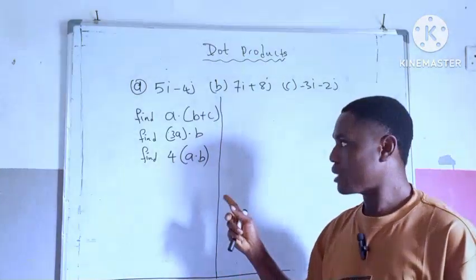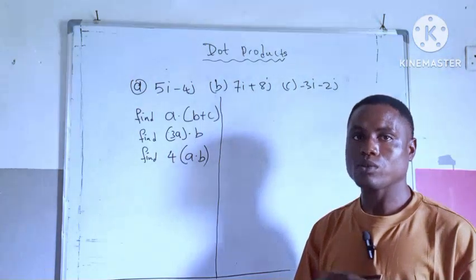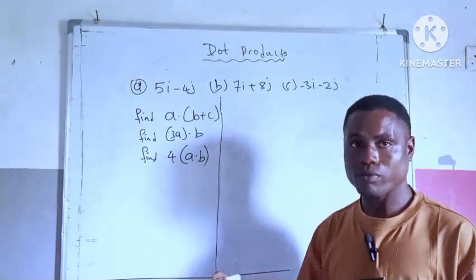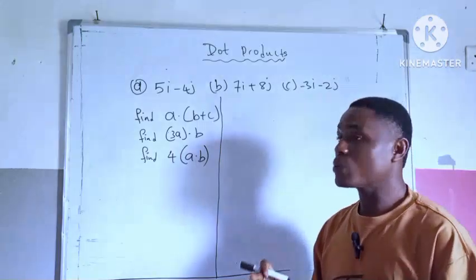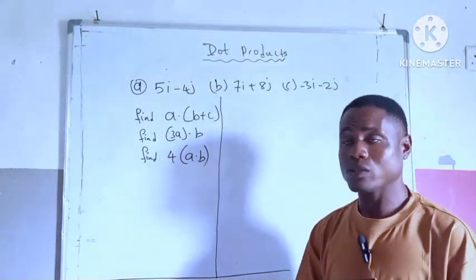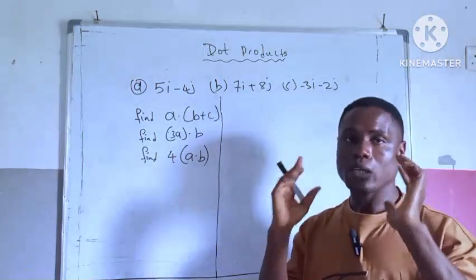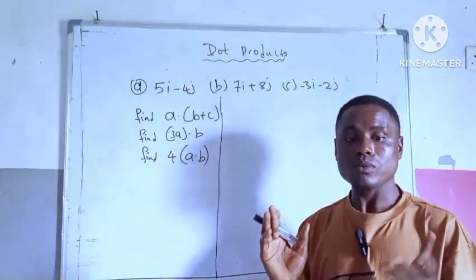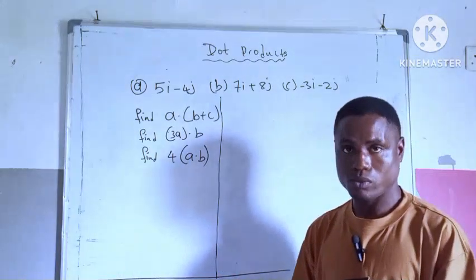After this one, we are solving questions under magnitude, how to find the magnitude and the angle of vectors, and lastly the cross product. You don't know where your questions will be coming from, so you have to learn and understand everything, so that wherever your question comes from, you can easily attempt it and move to the next question.